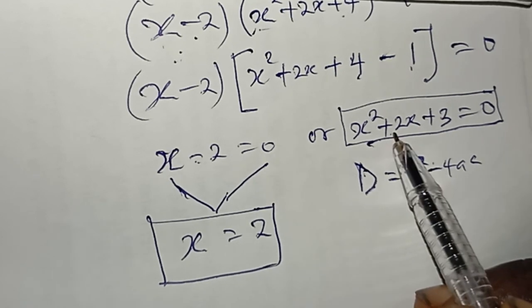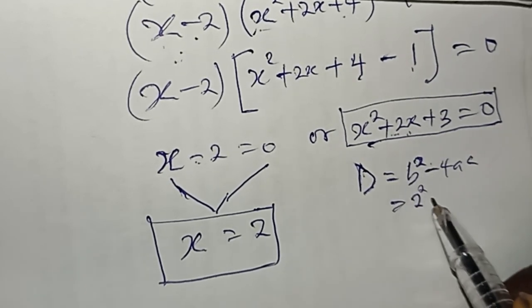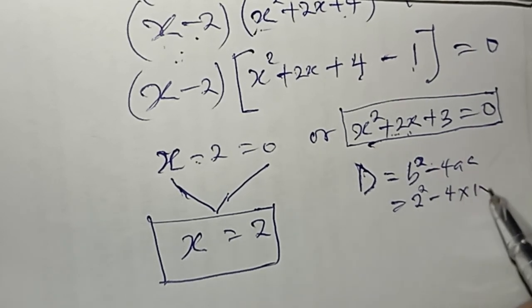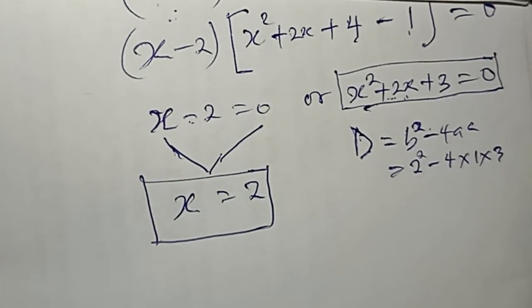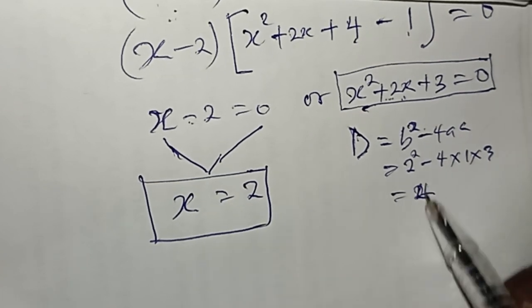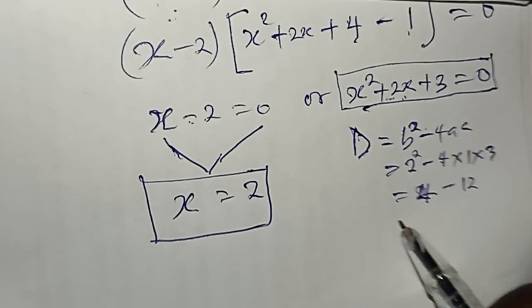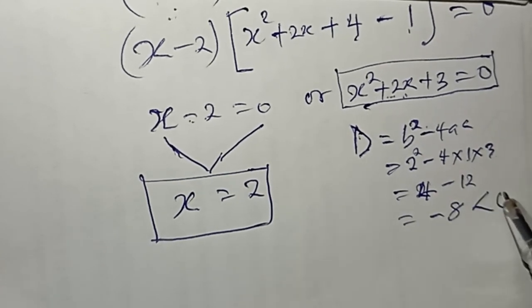Okay, so our b here is 2. So 2 squared is 4. And then this is 4 times a is 1 and c is 3. Okay, and of course this is 4 minus 4 times 1 times 3 is 12, and of course this is minus 8, which is strictly less than 0.